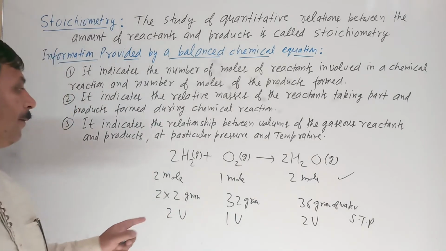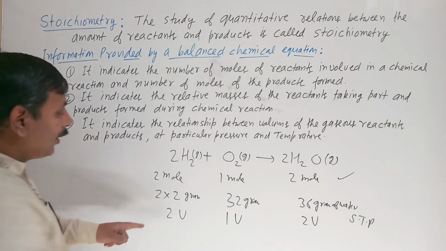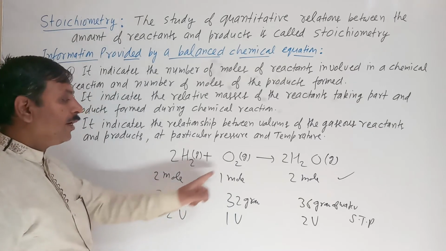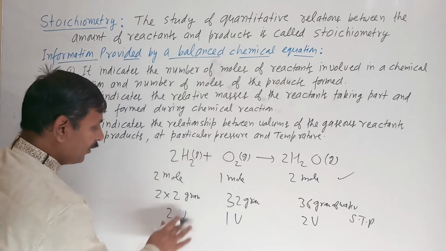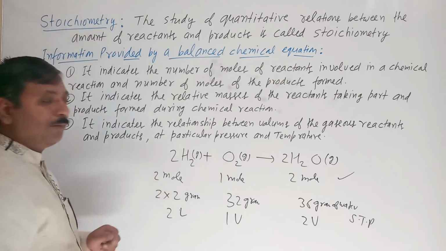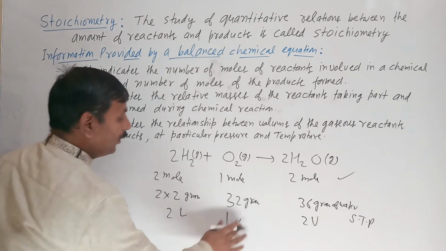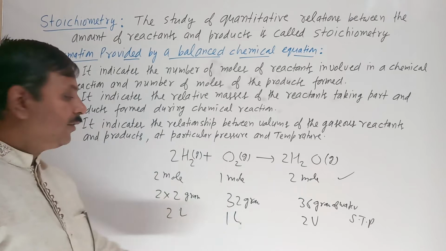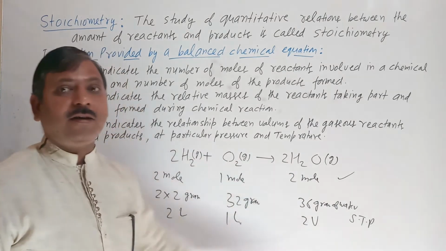Remember one thing, it will not happen that two volumes react with one volume. Suppose 2 liters of hydrogen I have taken, 1 liter of oxygen. Boys are confusing that 2 liters of hydrogen and 1 liter of oxygen will form 3 liters.